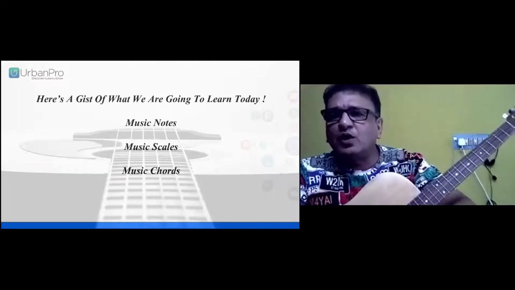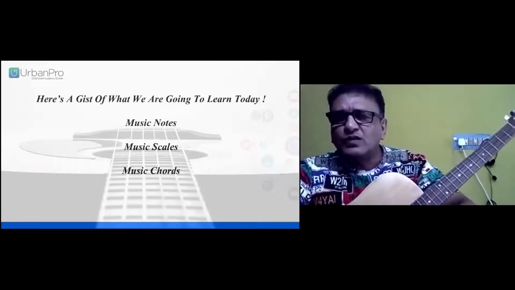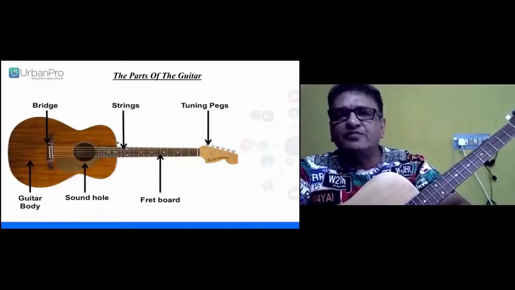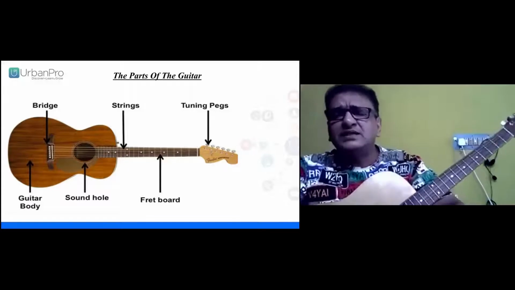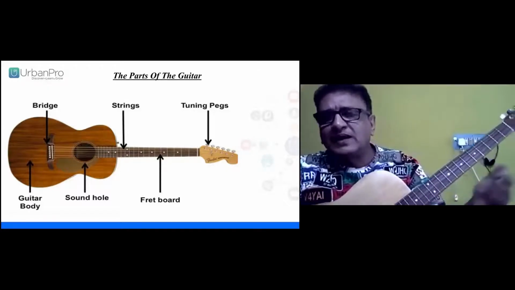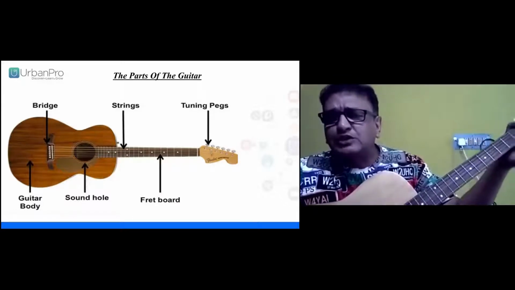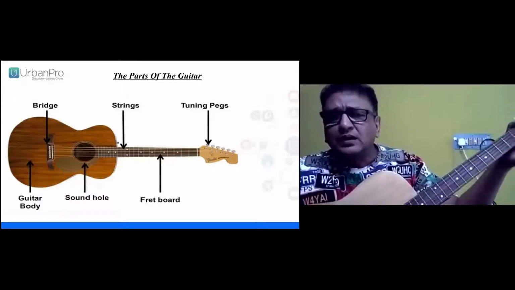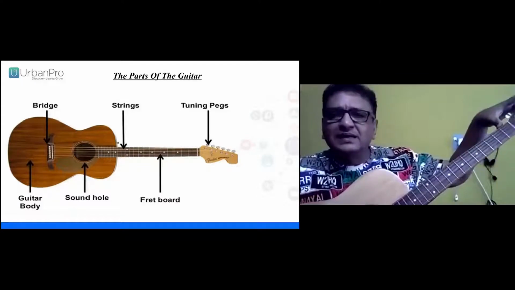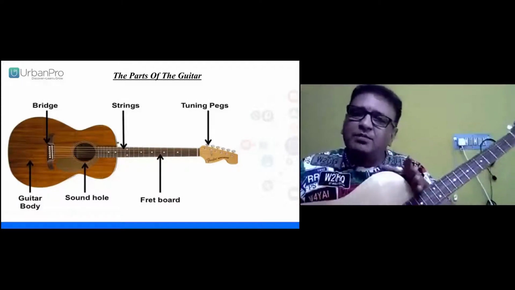So a gist of what we are going to do today is a little of music notes, music scale, and music chords. So we begin with first understanding the parts of the guitar, where the guitar we get to be introduced to is made up of three parts: the head, the neck, and the body.